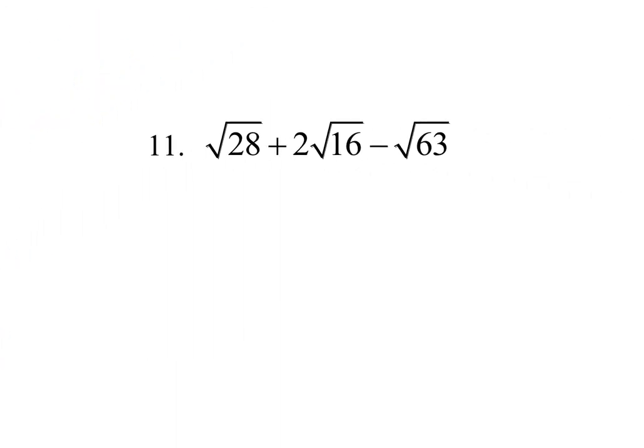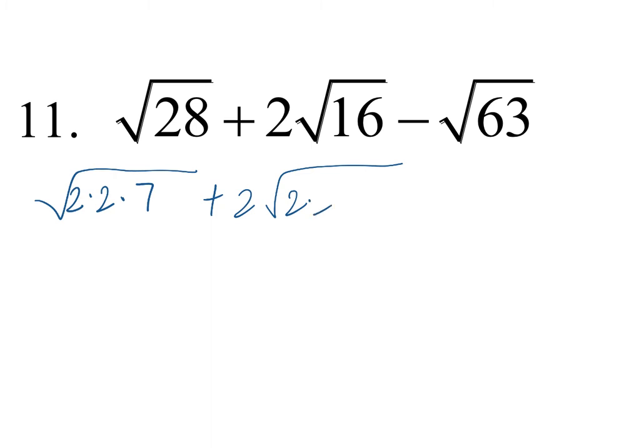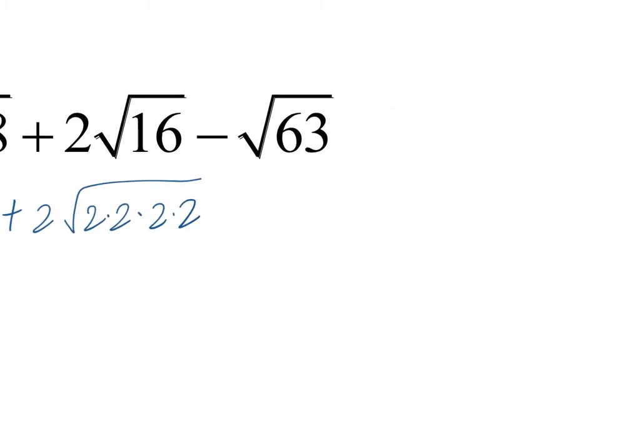For number 11, 28 is 2 times 14, which is 2 times 7. 16 is 2 times 8, which is 2 times 4, which is 2 times 2. And 63 is 3 times 21, which is 3 times 7.